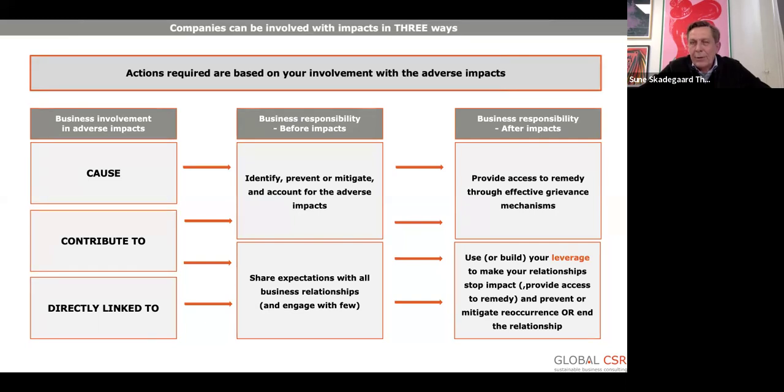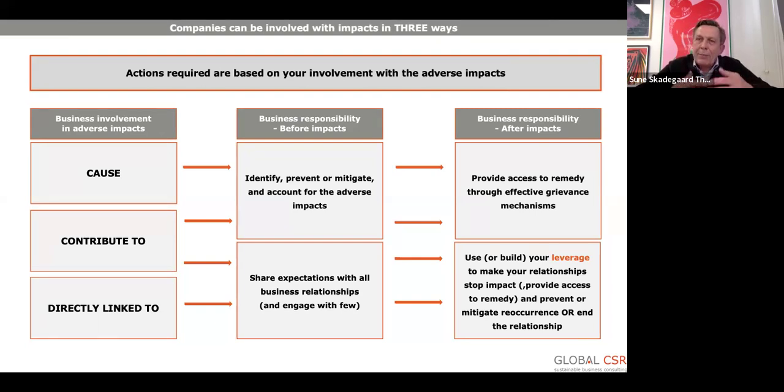An example could be a company that develops artificial intelligence, and by developing the artificial intelligence has used somewhat stereotypical information, and it leads to discrimination of people based on skin color by the use of the artificial intelligence.